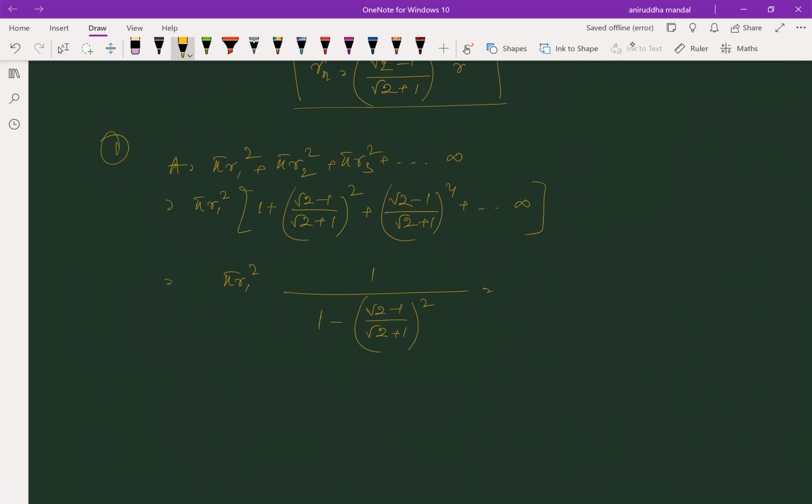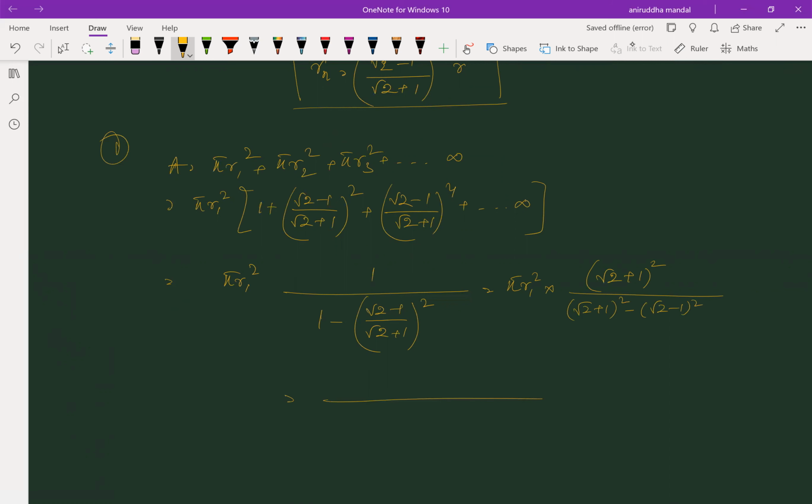If we apply the formula of the sum of an infinite GP, we can write pi R1 square times 1 over (1 minus the common ratio), where the common ratio is ((root 2 minus 1) divided by (root 2 plus 1)) whole square. If we simply solve this, we get pi R1 square into (root 2 plus 1) whole square in the numerator, and in the denominator (root 2 plus 1) whole square minus (root 2 minus 1) whole square. Let me write once again. So this is 4ab.